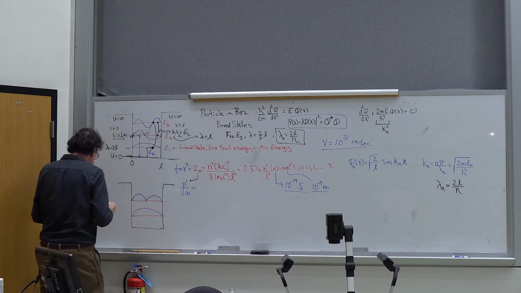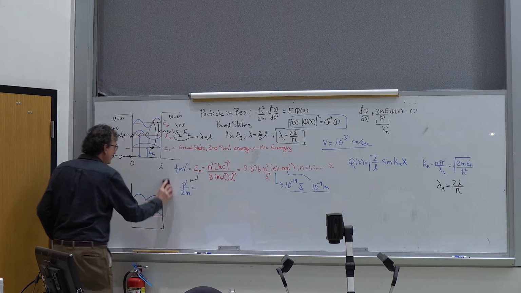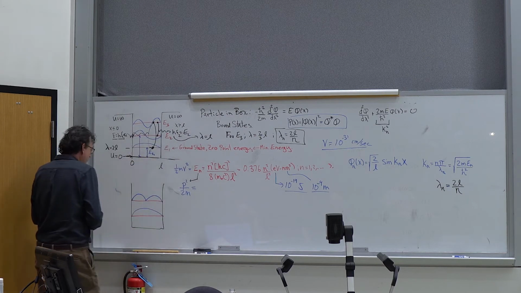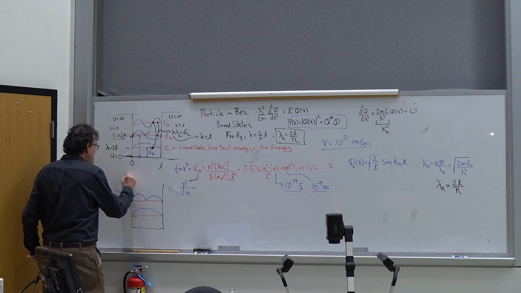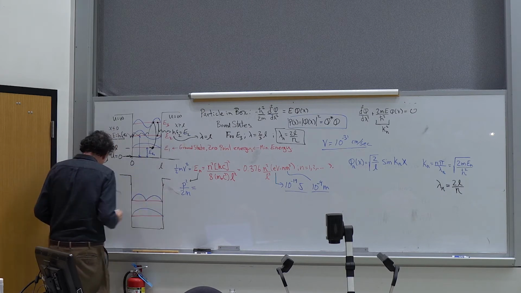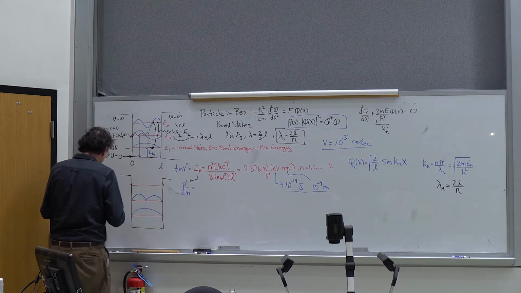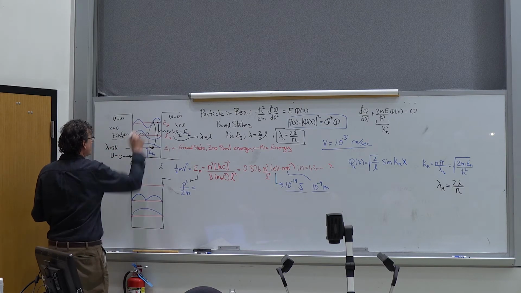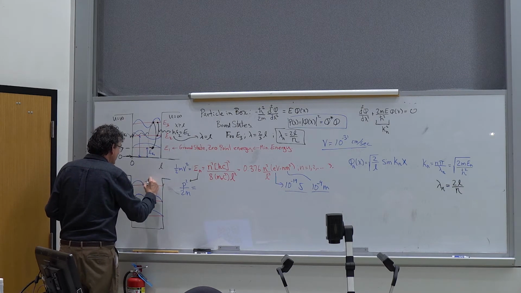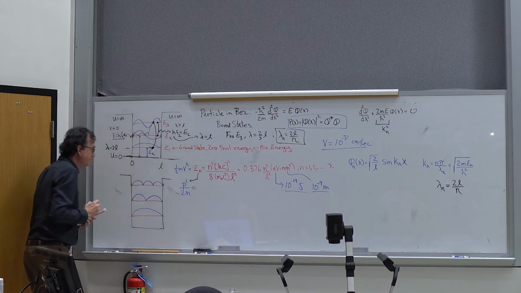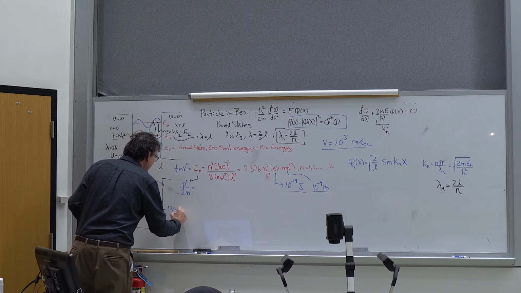This is a sine squared function. If I square the wave function for the third energy state, which I'll call E3, I'm going to get a probability distribution which is the square of this. So it's going to look like this, like this, like this. These represent the probability of finding the particle in the box.